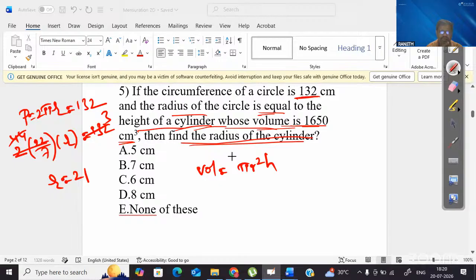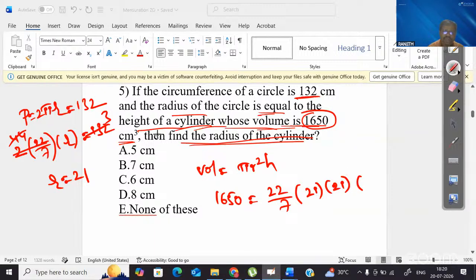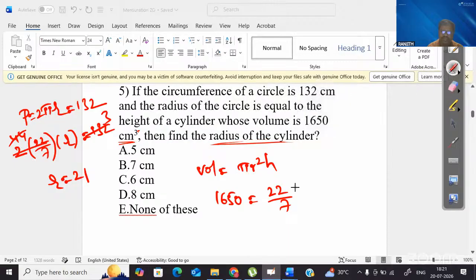So 1650 is equal to 22 by 7 into r square into h, where the radius of the circle is equal to the height of the cylinder, so h equals 21. So r square into h is equal to 21.